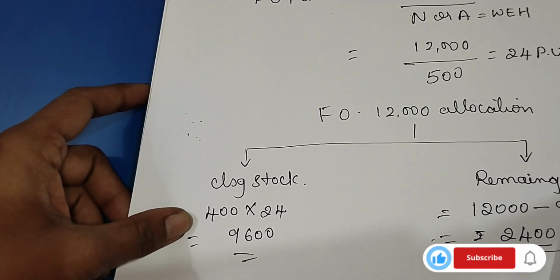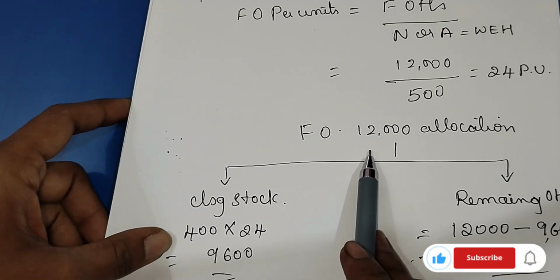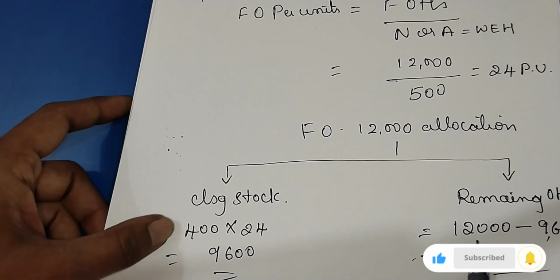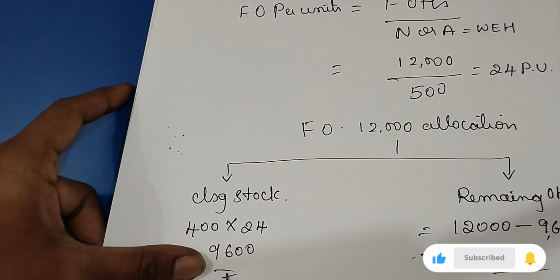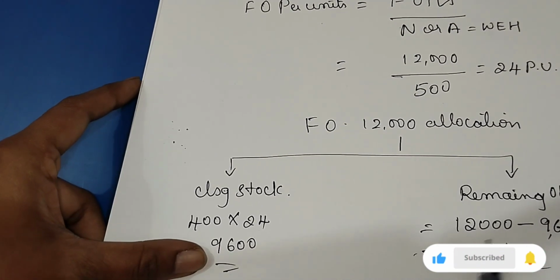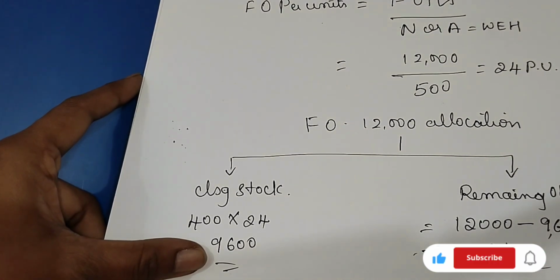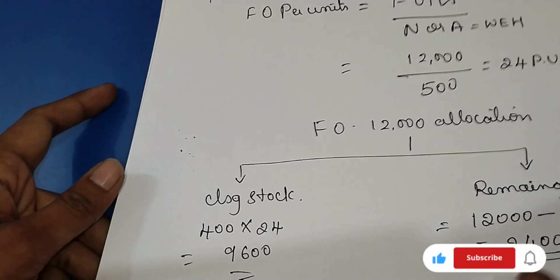Here the remaining overhead is 12,000, the fixed overhead we are considering, minus 9,600 absorbed, that is allocated or used. The remaining balance we show in the profit and loss account, this unabsorbed or remaining overhead.